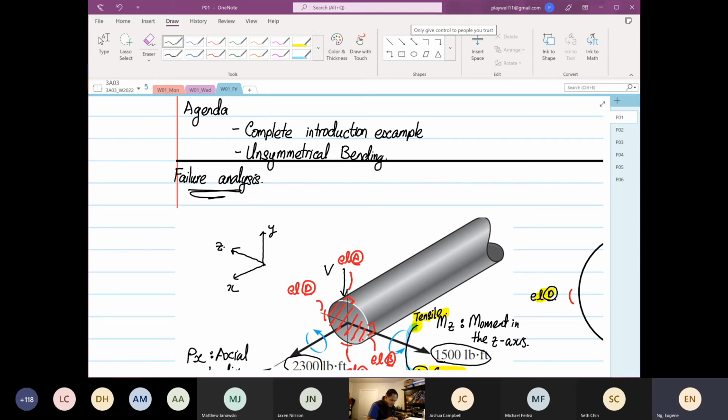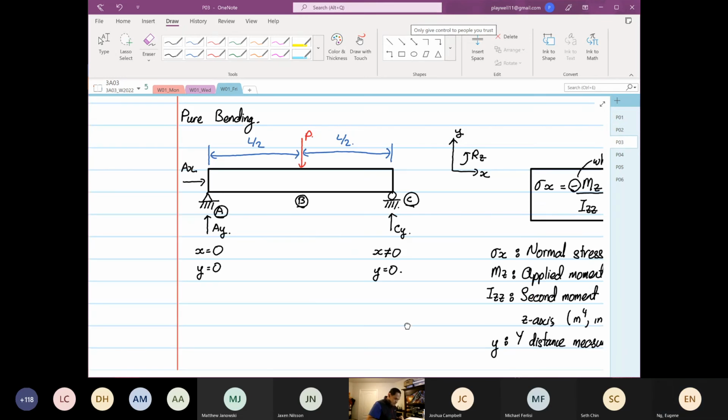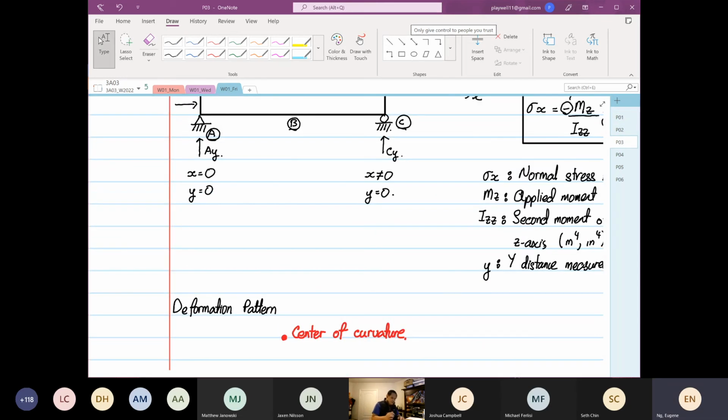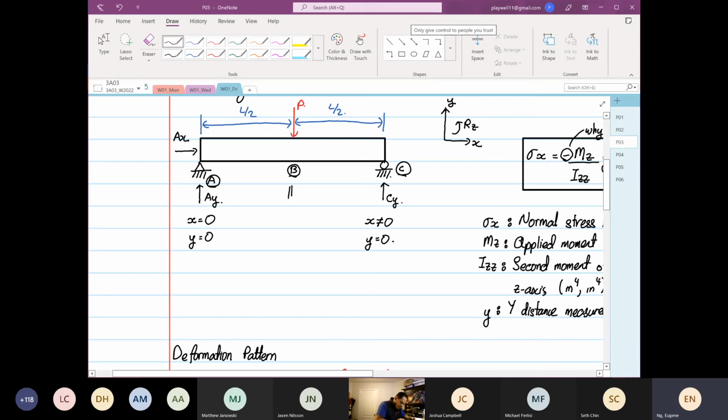Okay, we know for a fact, and don't worry, I will teach you how to identify them. So we know that point B is where failure will likely occur.